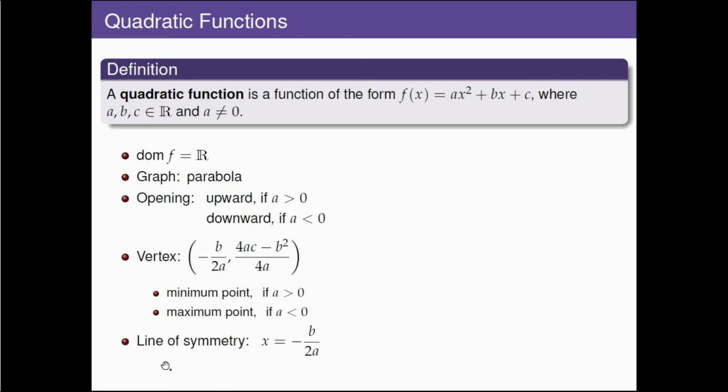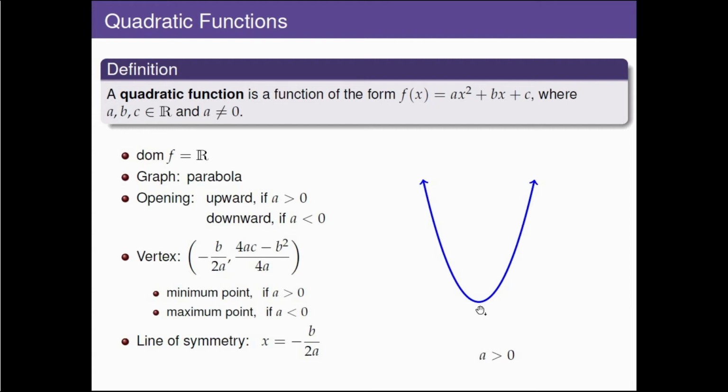A parabola will be symmetric to this line of symmetry with the equation x = -b/2a, the vertical line passing through the vertex. If a is greater than 0, then the parabola will look like this.